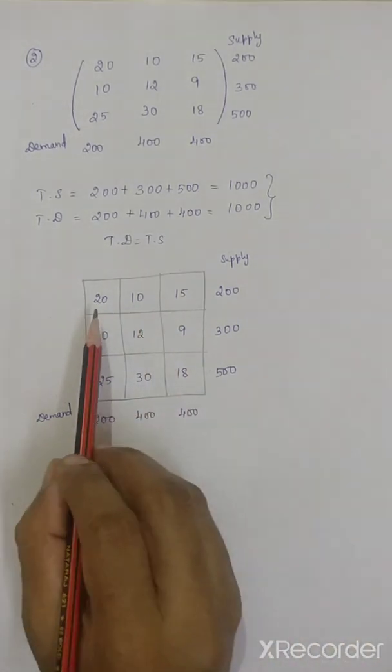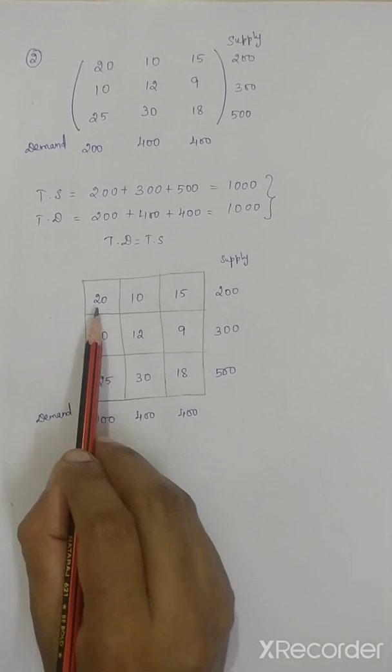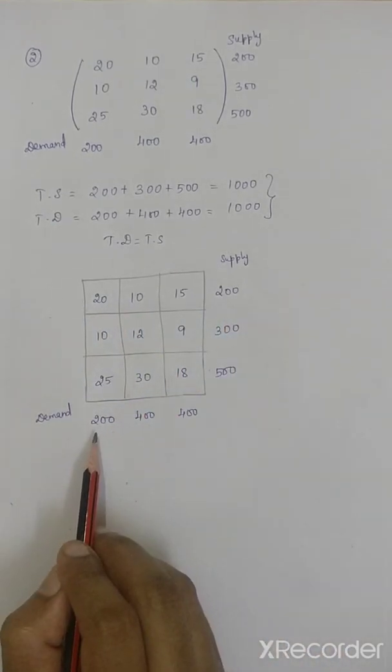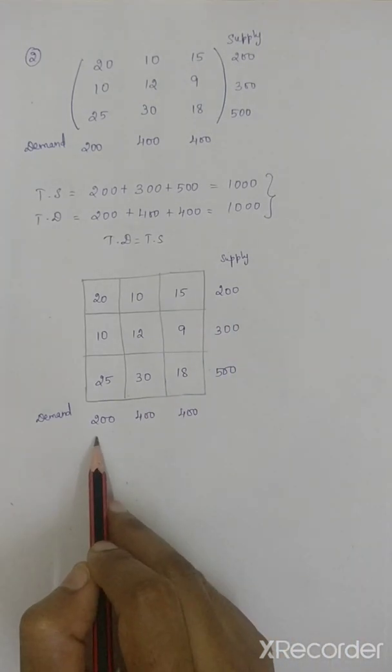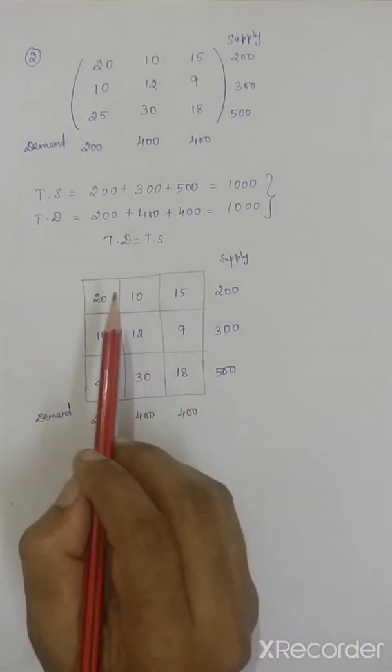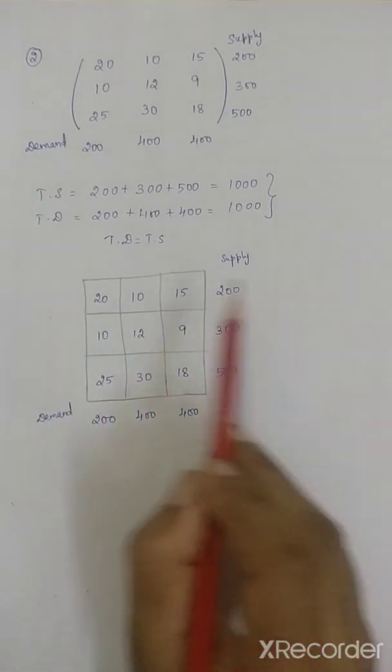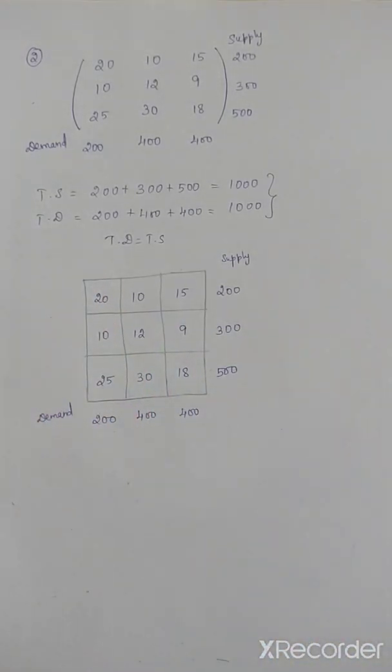Here the corner value is 20. For this we have to compare the supply as well as demand. Both the values are equal, so no problem. You just allocate 200 here. You strike out both the row as well as the column.